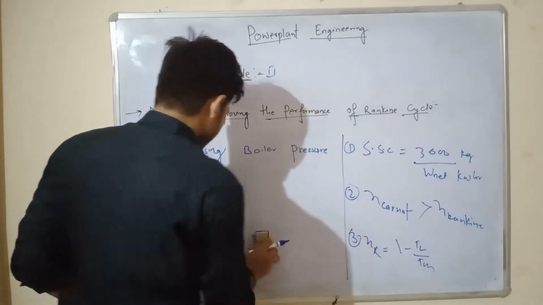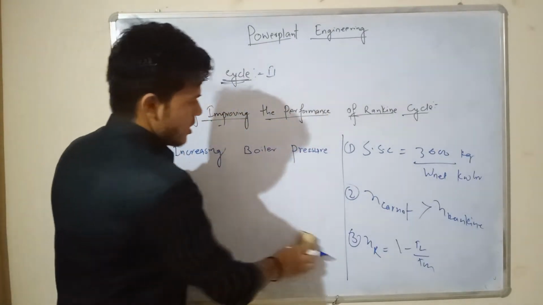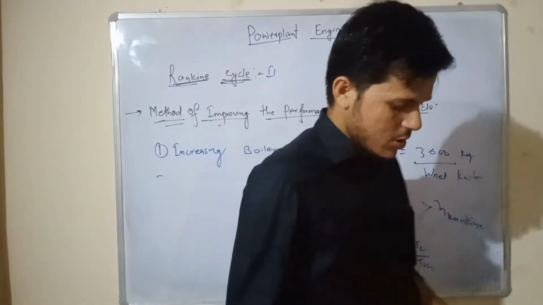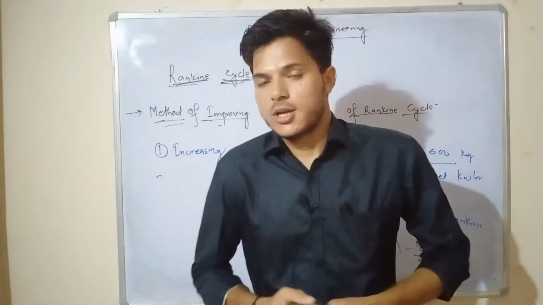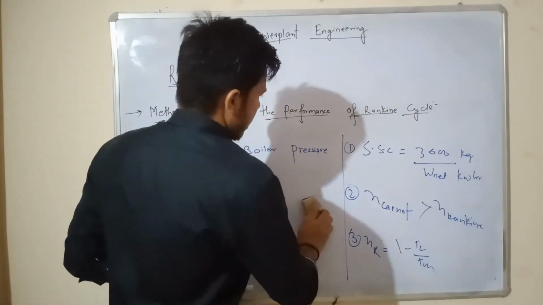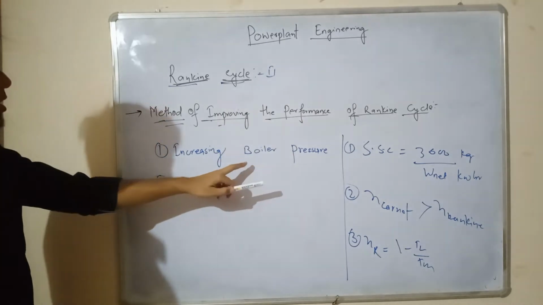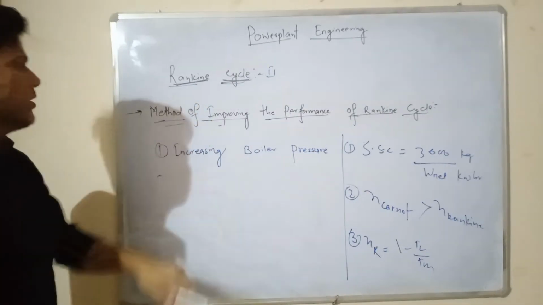So let's start today's session with increasing the boiler pressure. If we increase the boiler pressure, what effects will occur in the Rankine cycle? What result will we get in the Rankine cycle? Remember points 1 to 3, which will help to determine the effect in a Rankine cycle.